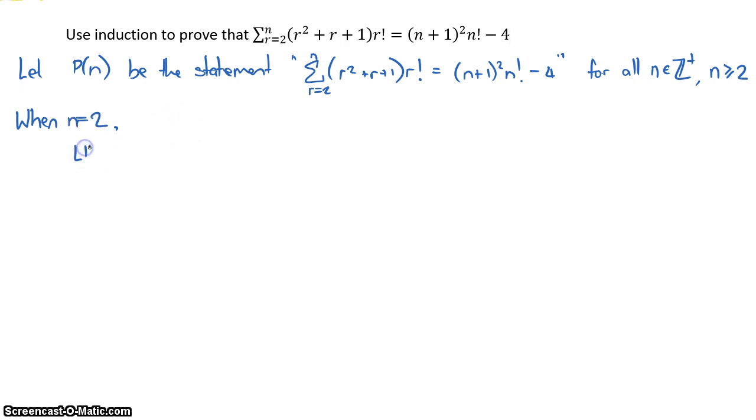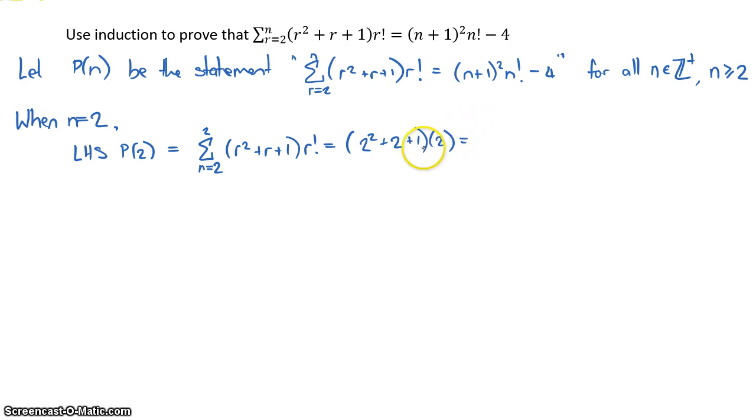So what is the left-hand side of P2? The left-hand side would be the sum to 2 from r equals 2 of (r squared plus r plus 1) r factorial, and that would be just substituting in r equals 2: 2 squared plus 2 plus 1, times 2. In this case that is 4 plus 2 is 6, plus 1 is 7, times 2 is 14.